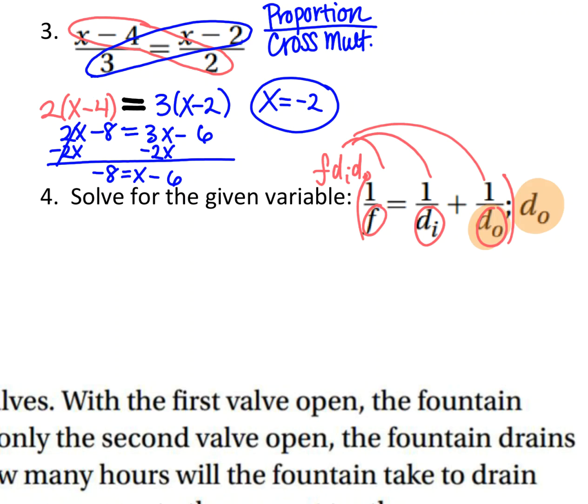Okay? Here, f is going to cancel with di, or the f, and you're going to have di d0 times 1. Here, the di would cancel, and you're going to have an f and a d0. So on the other side of the equal sign, d0 and an f.